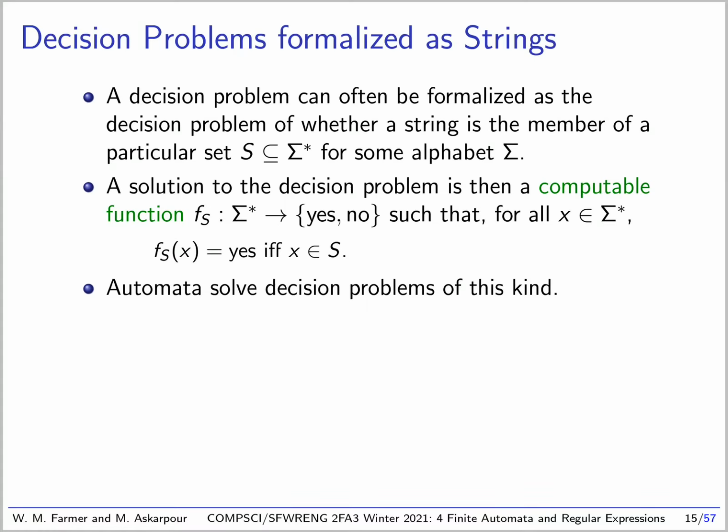A solution to this problem is a computable function which maps any string to a yes or no answer. And the answer is yes only if the string is indeed a member of a set or language S. Automata resolve problems defined as such, or problems that we can describe with this form.